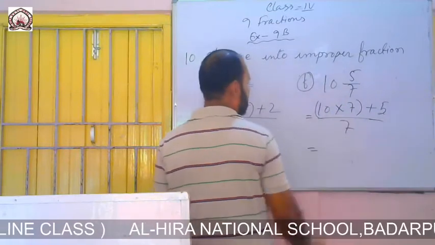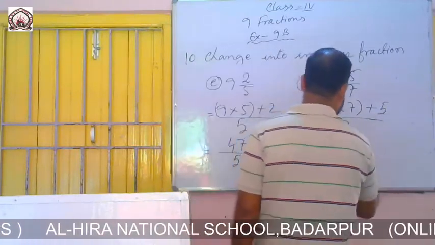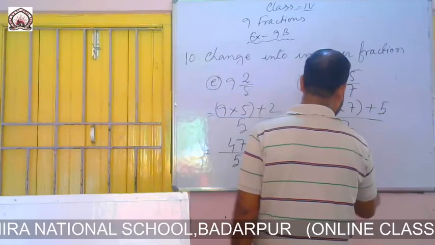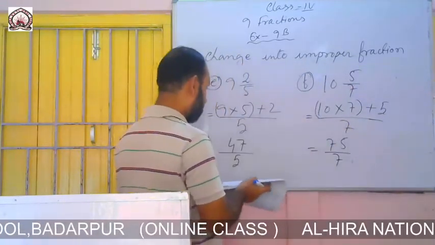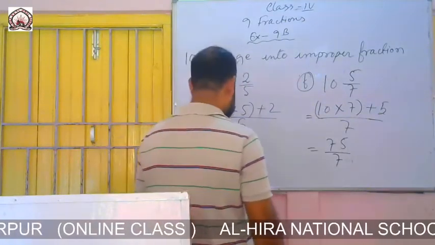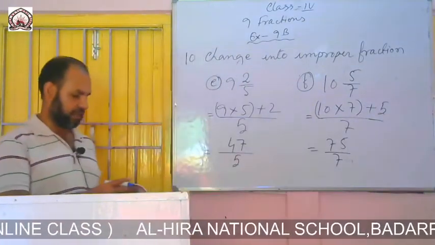So 10 sevens are 70 plus 5, 75/7. The improper fraction is 75/7.